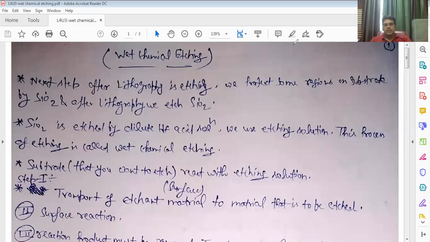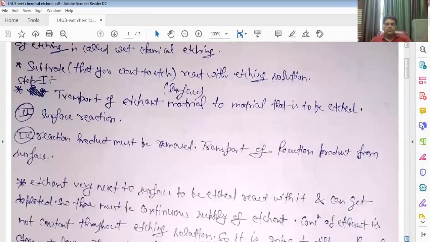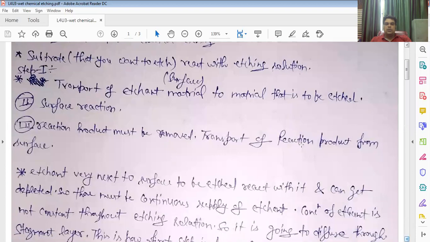The products that are formed after the reaction are removed. This is the third step: reaction products must be removed, so transport of reaction products from the surface. So these are the three steps that are performed in wet chemical etching.